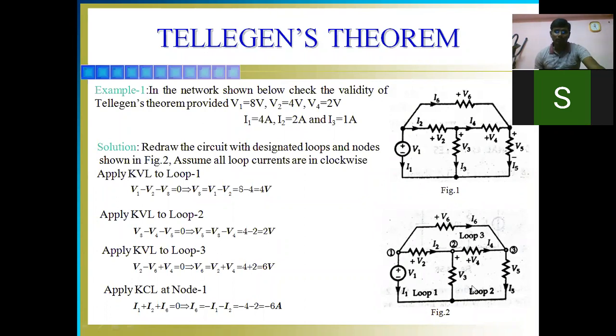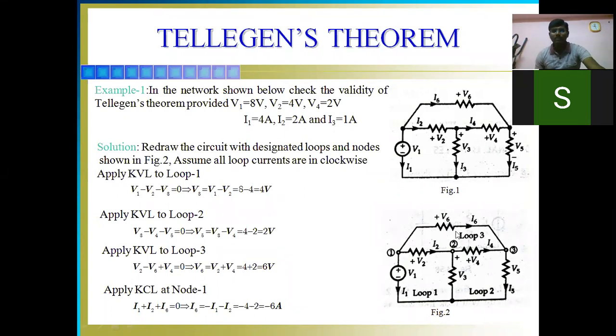Now apply KVL to loop 3. In loop 3, V2, V6, and V4 are there. If it is in clockwise direction, for V2 and V4 it is leaving from positive, and V6 is entering with positive.